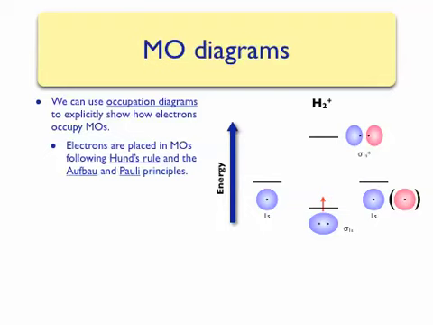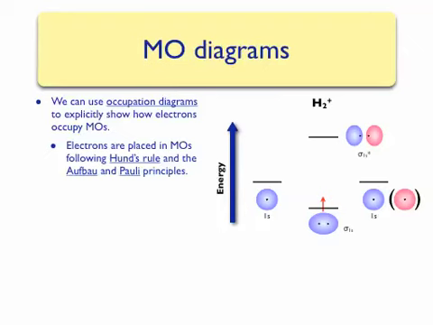We follow the Aufbau principle by putting the electrons in the lowest energy molecular orbital first. We follow the Pauli principle by making sure there's no more than two electrons in the same orbital, and the two electrons, represented by arrows, must have opposite spins.